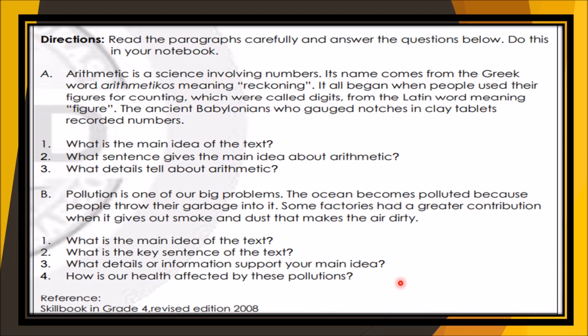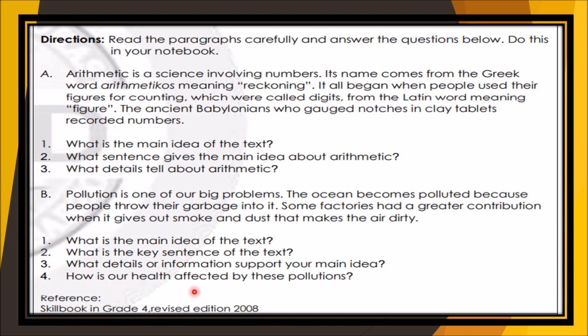Because of the pollution, the big problem, the ocean becomes polluted because people throw their garbage into it. So that is the first supporting detail. Second, some factories had a greater contribution when it gives out smoke and dust that makes the air dirty. Ayan, another supporting detail. Okay.